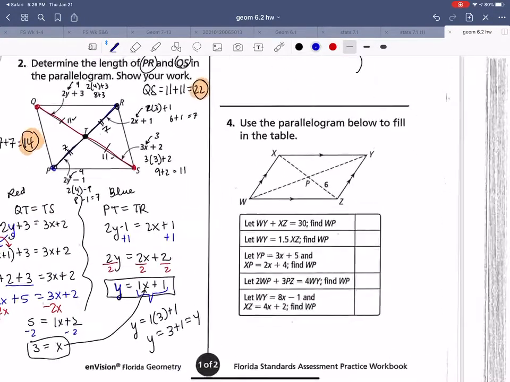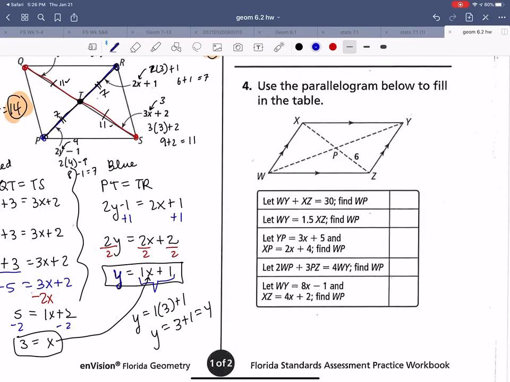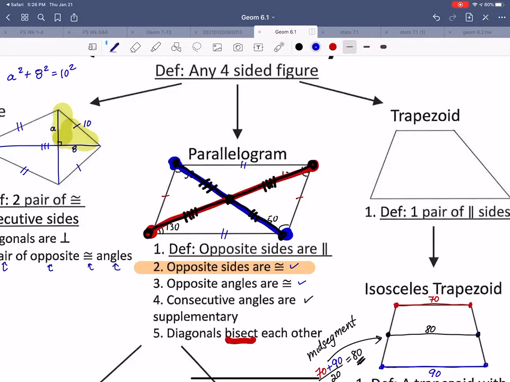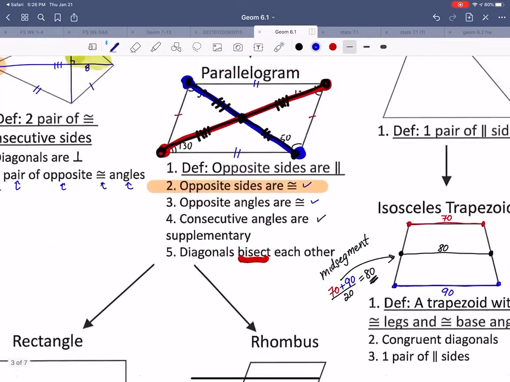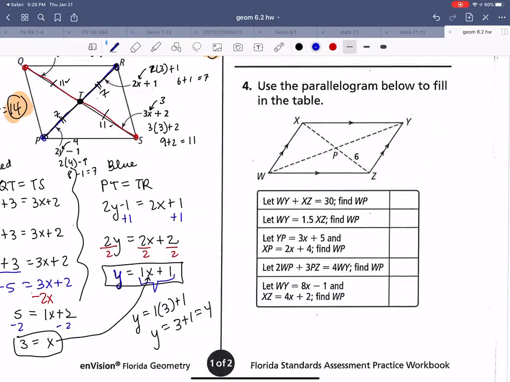All right, what do they want in 4? So it says use the parallelogram below to fill in the table. All right, so again, I might need to think about each one of these as I fill in the table. It says let WY, this one, plus this one equal 30. Find this.